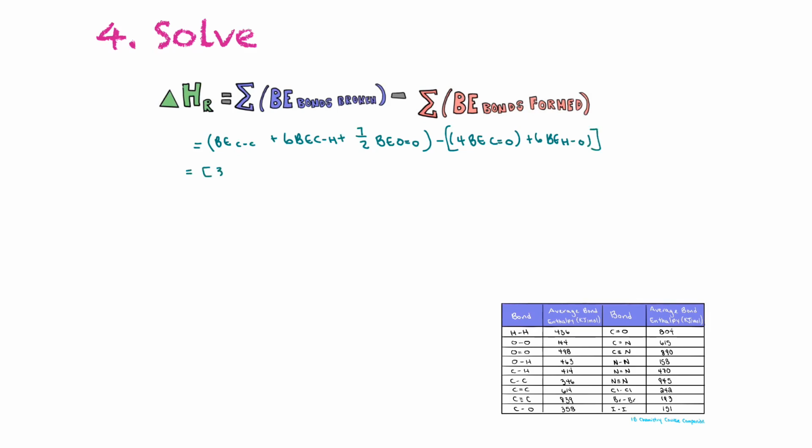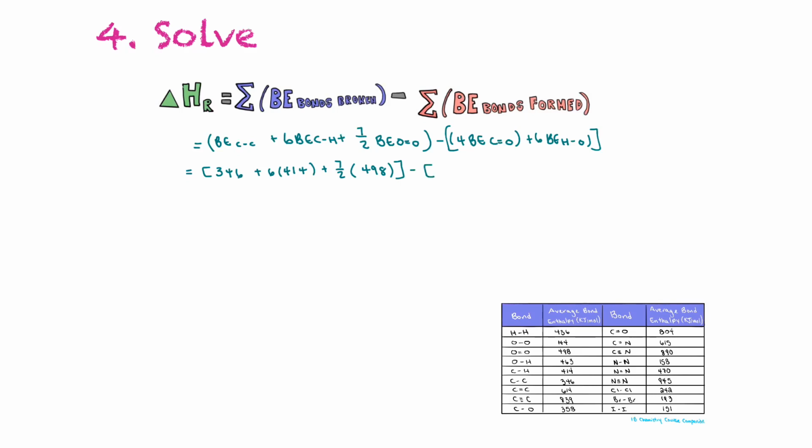So we've got 346 if we look up the carbon-carbon. And then 6 times 414, which is the carbon-hydrogen bond, plus 7/2 times 498, which is the double-bonded oxygen. So we'll sum that together.